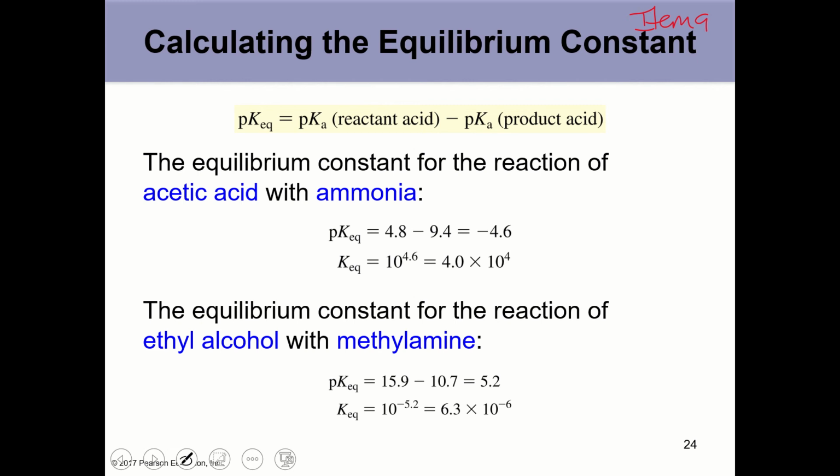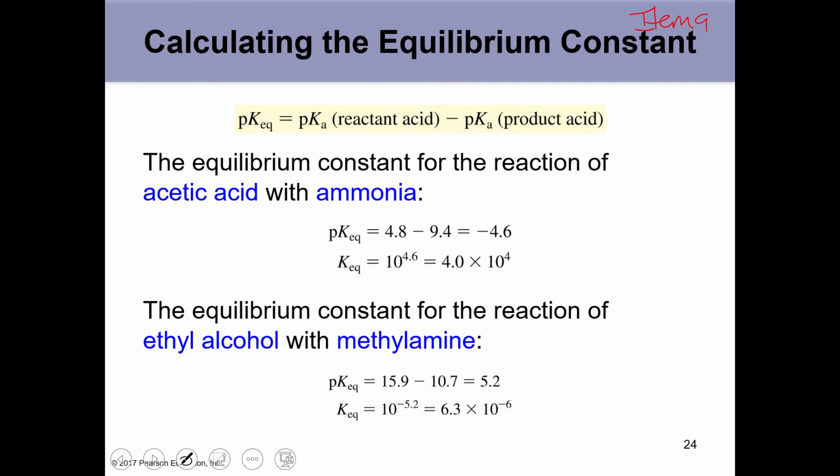But reviewing calculation of equilibrium constants from pKa, if we take the pKa of the reactant acid minus the pKa of the product acid, we can find pKeq, and then the negative log of pKeq will give us the Keq.